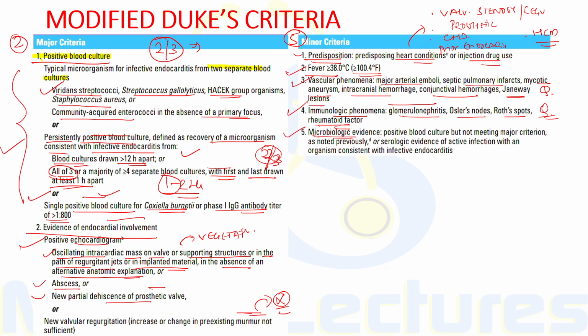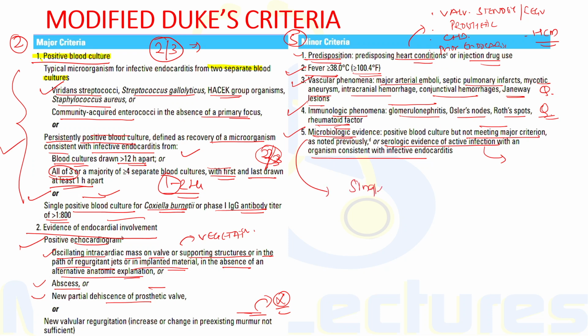Finally, microbiological evidence: the positive blood culture which is not meeting the major criteria, as we have discussed in the major criteria, or serologic evidence of active infection with an organism consistent with infective endocarditis. So except for Coxiella burnetii, if any other rare organism is coming in serology, it will be considered in minor criteria. So this positive blood culture which is not meeting the major criteria also has exceptions.